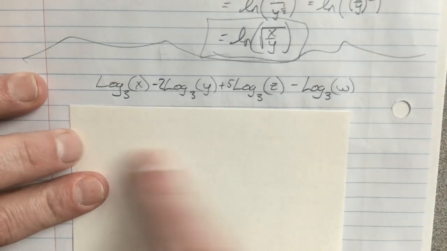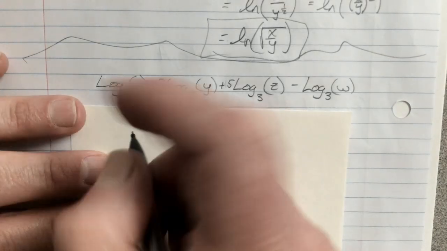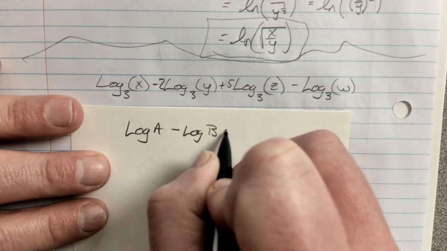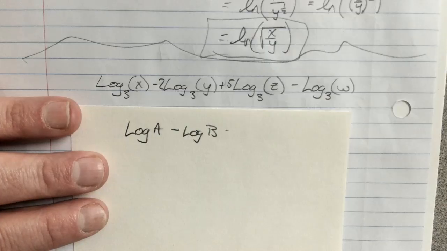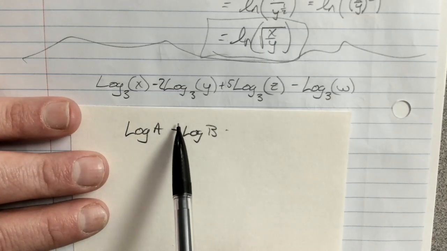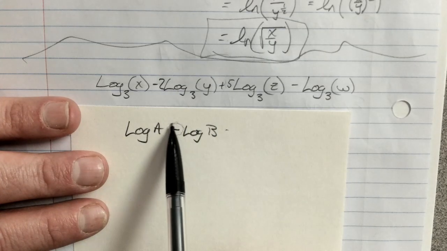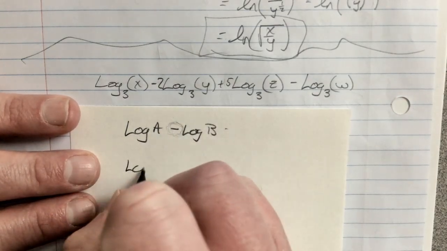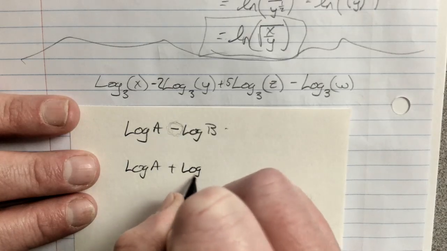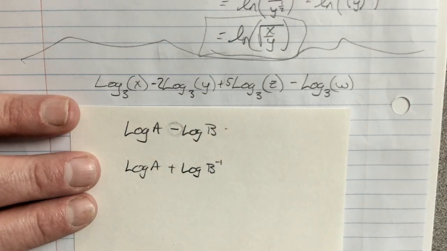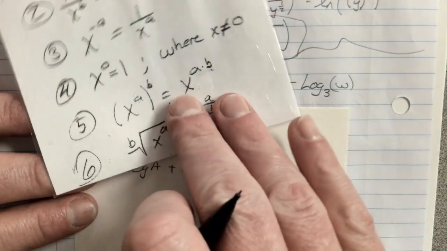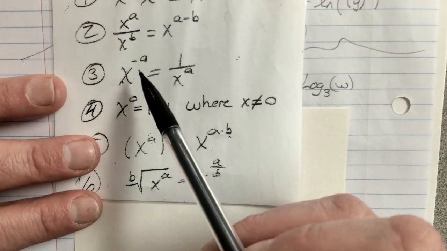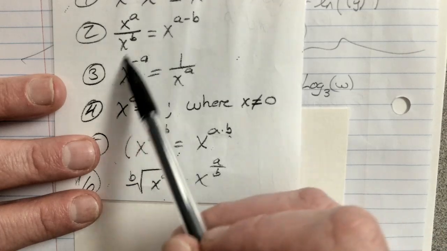Don't write this next part down, but understand what I'm about to say. We have log A minus log B, right? So, if I use the exponential property, what is this value? -1. So I could rewrite this as log A plus log B to the negative first. What happens with a negative exponent?